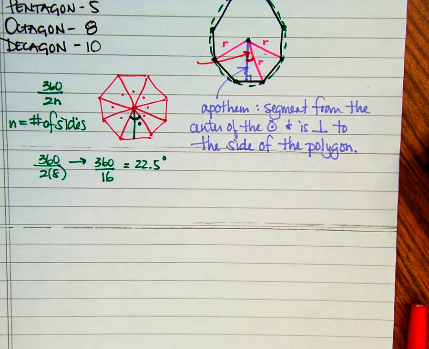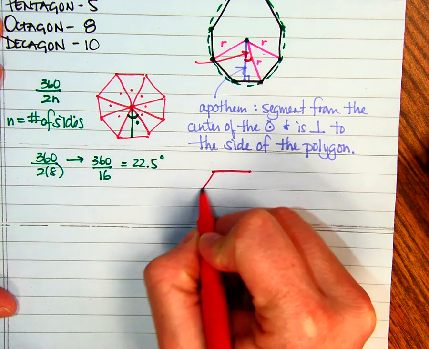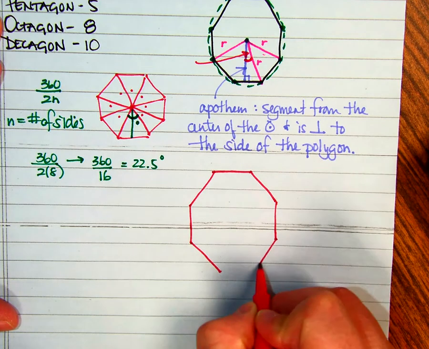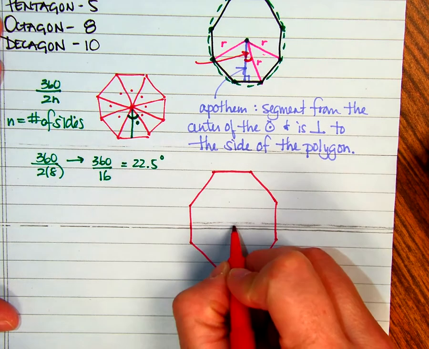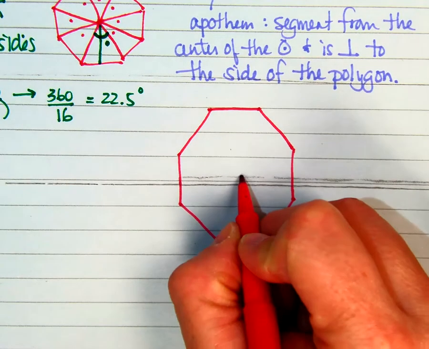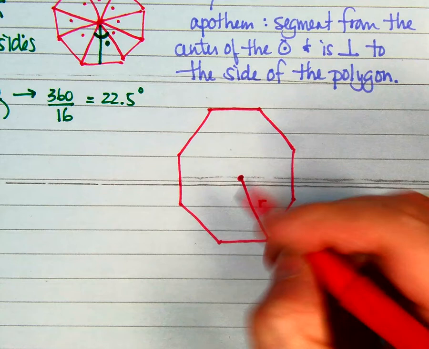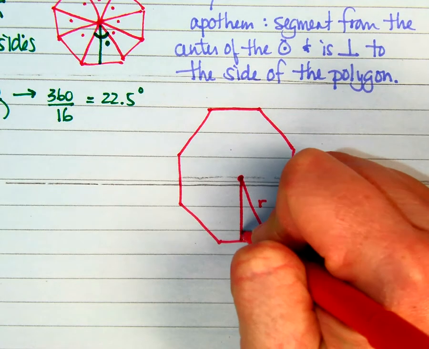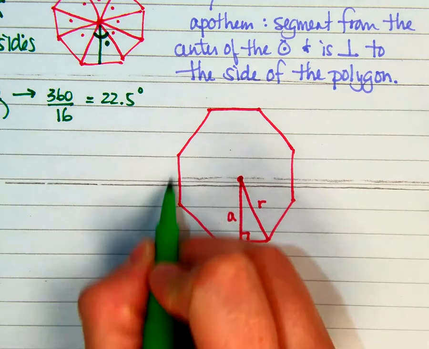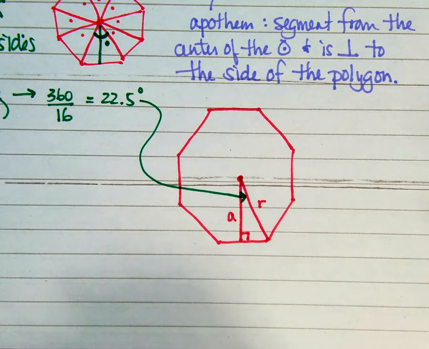So I'm going to draw yet again another octagon so you can see exactly where we're at. There's the center of my circle. This is my radius. This is my apothem, which is perpendicular, and I just found this angle to be 22.5 degrees.